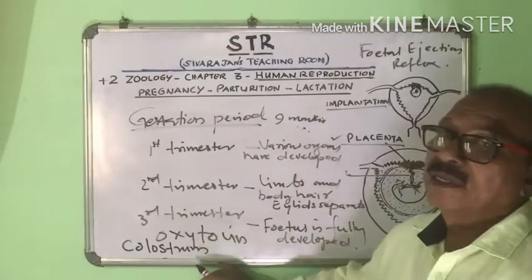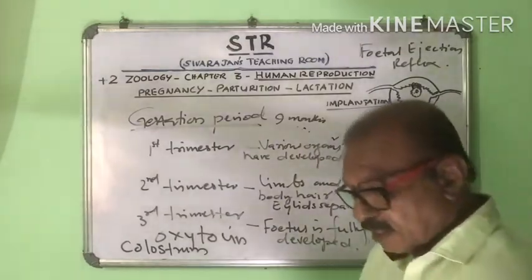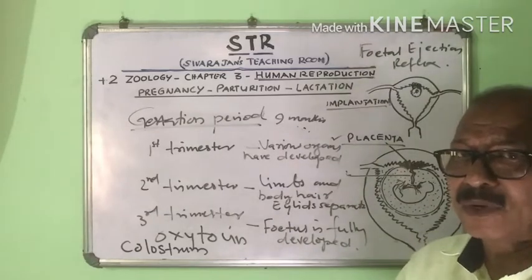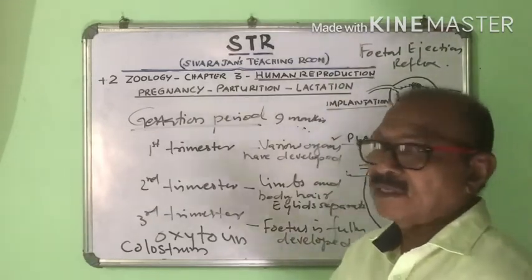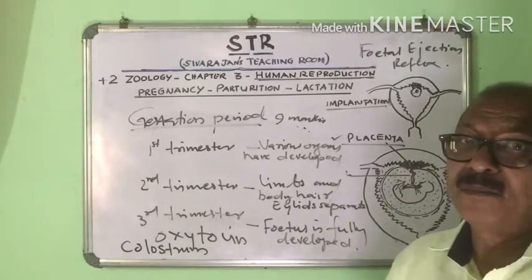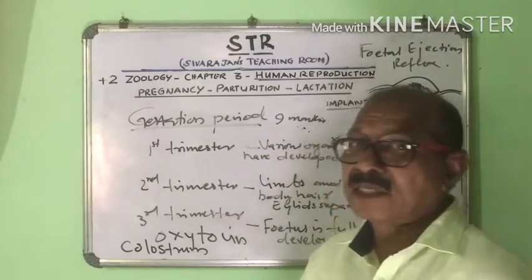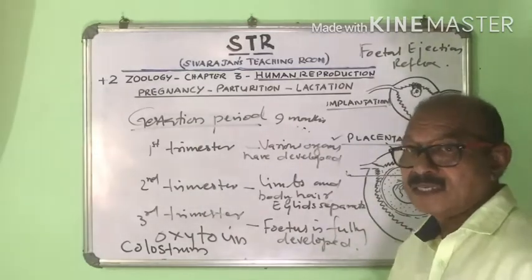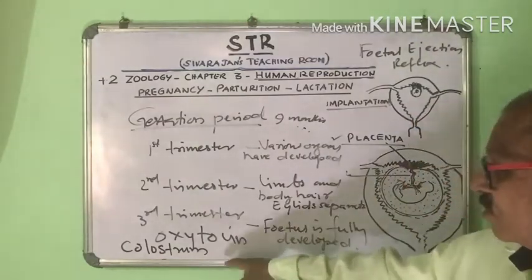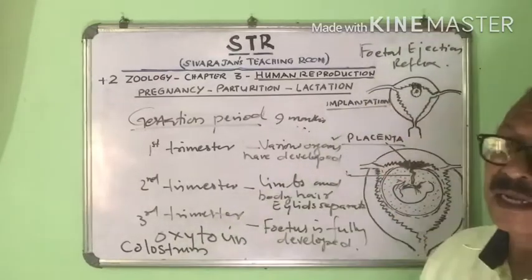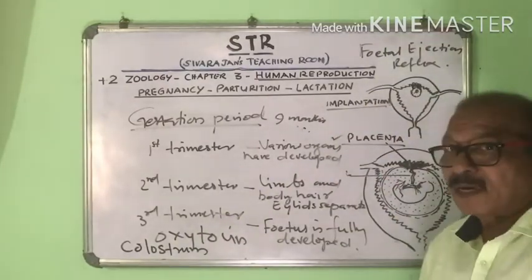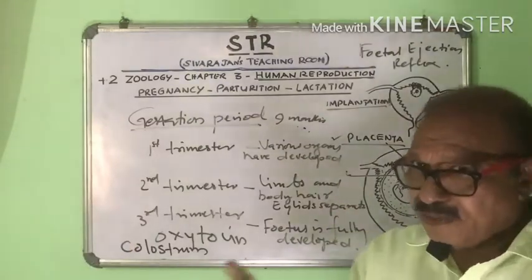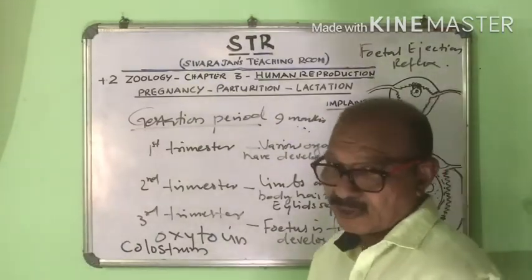It is rich in all the different types of antibodies present in the mother, and this gives immunity to the child, or resistance capacity to the baby in the initial stages. So colostrum is the first milk, the milk produced for the first few days.